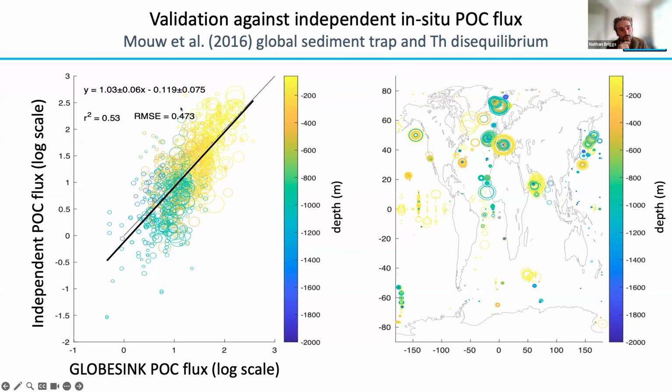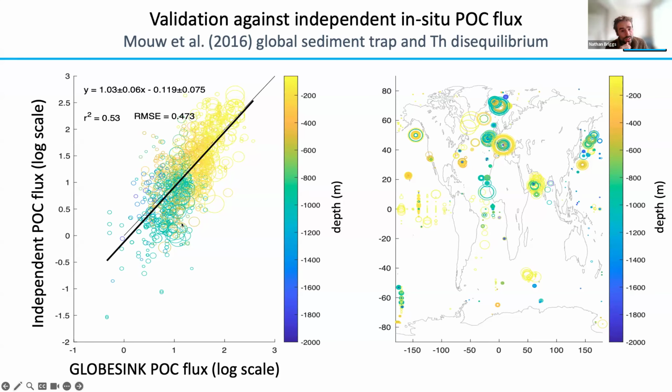And these matchups are climatological matchups. So any sediment trap data or any thorium-based data estimating downward POC flux is matched against its nearest climatological grid cell in that month of the year.